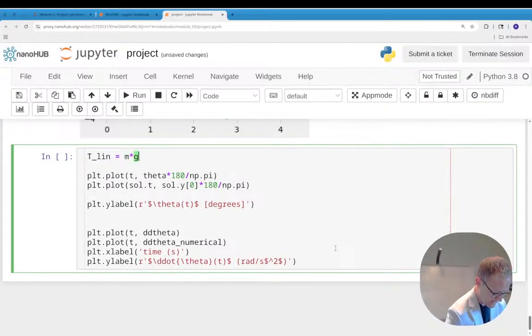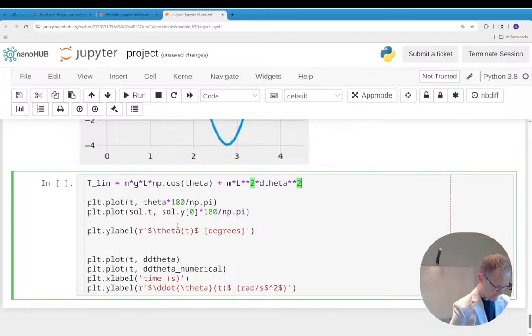So I'm just going to write it out to start. It would help. And my d theta is going to be the linear solution.